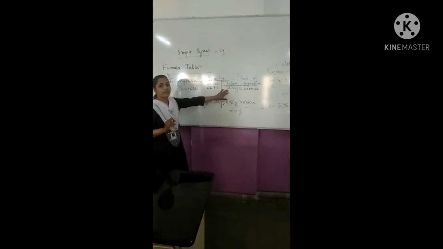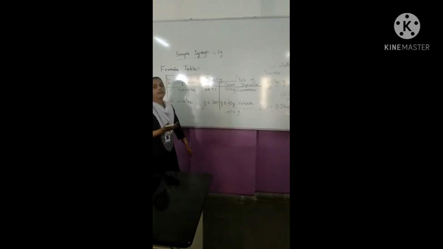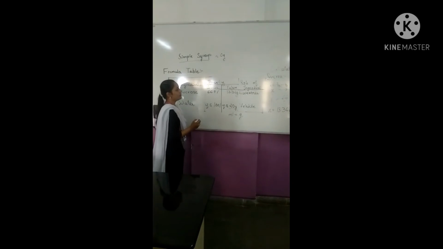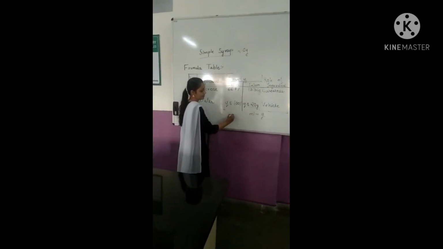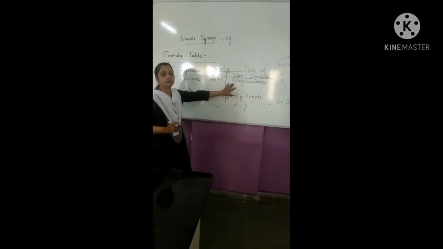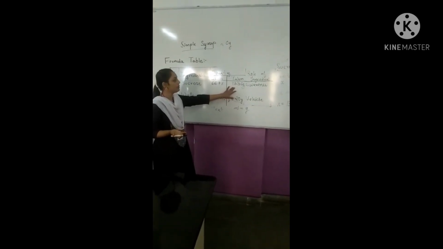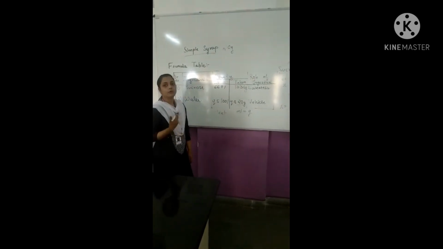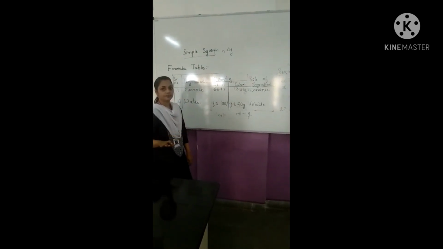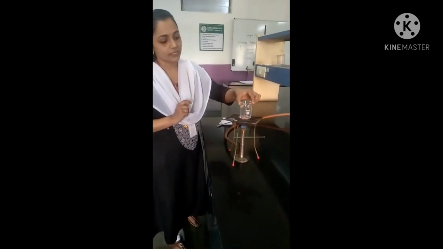And this is the quantity which seems to be very huge to dissolve in water. So what we will do, we will heat them, because otherwise the solution will become supersaturated and will not get dissolved. Okay, so we will take the help of heat so that it will get dissolved. So we take that quantity and we will start heating.